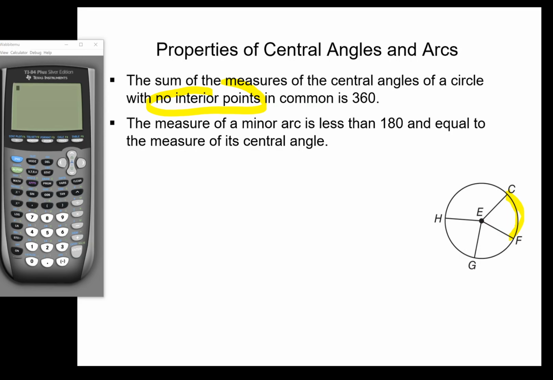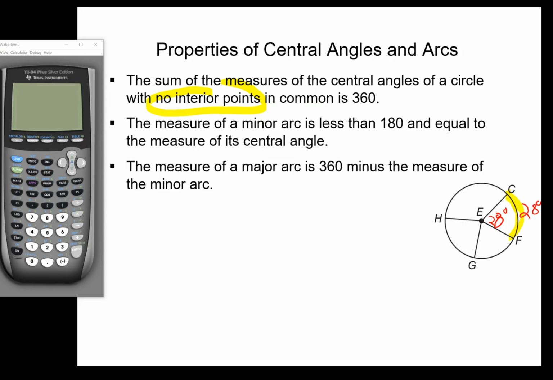Now, that also is saying that it's equal to its central angle. So if angle CEF was 20 degrees, and let's make that 28 degrees because I messed up, then the arc itself also is 28 degrees. The measure of a major arc is 360 minus the measure of the minor arc.